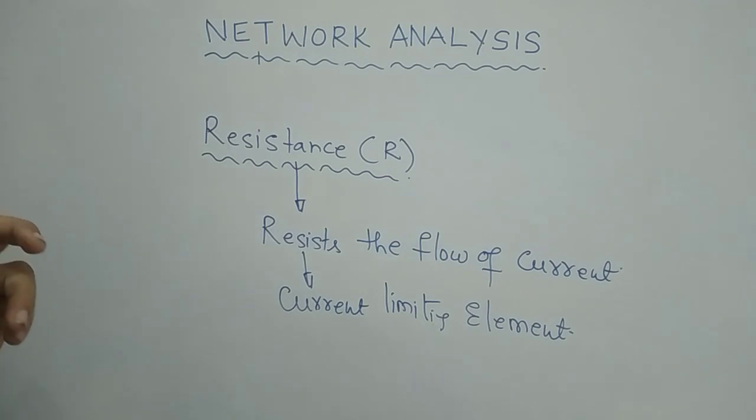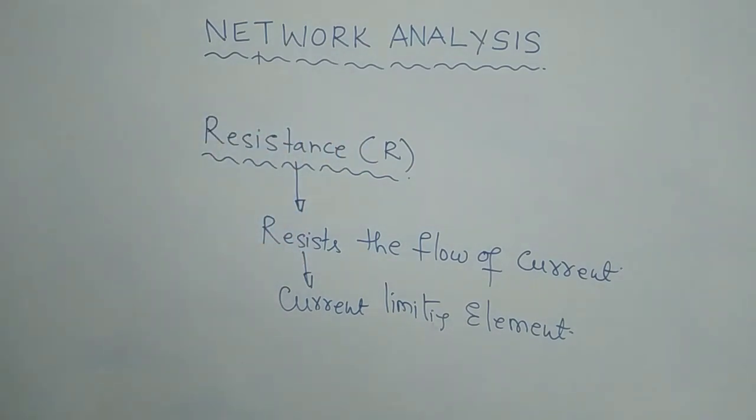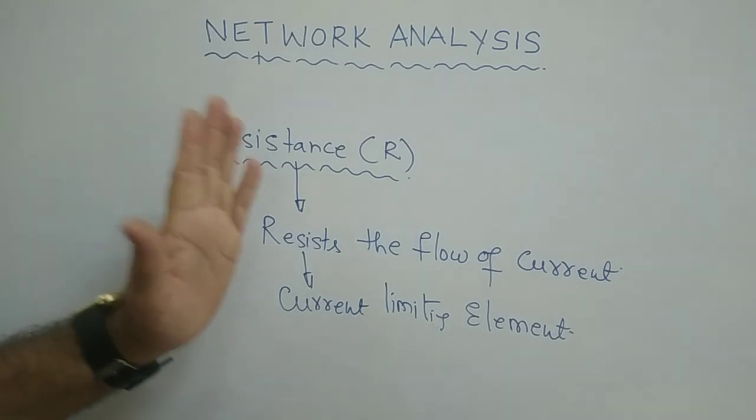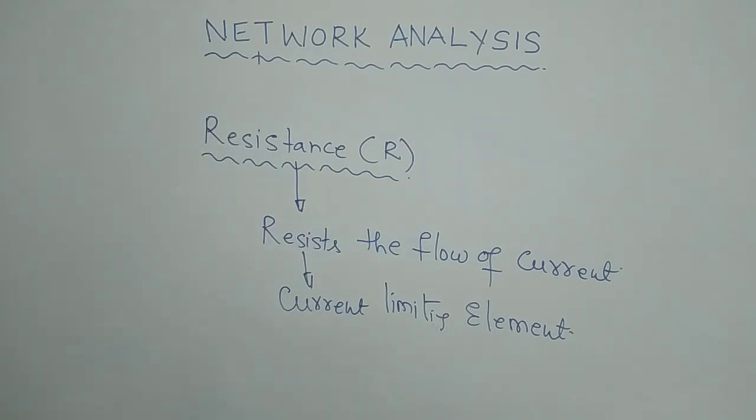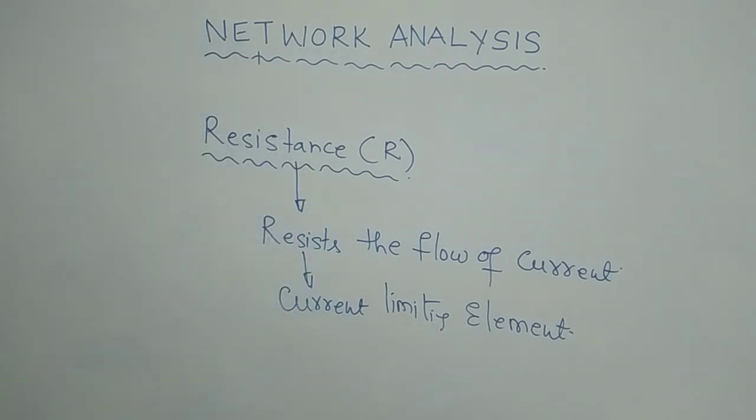Why is resistance used? Because it limits the current. It resists the flow of current, means the excess flow of current will be limited by the resistance. That is why it is a very useful electrical parameter in an electrical circuit, is it not? That is the main purpose of a resistor. So resistance is called a current limiting element, is it not?